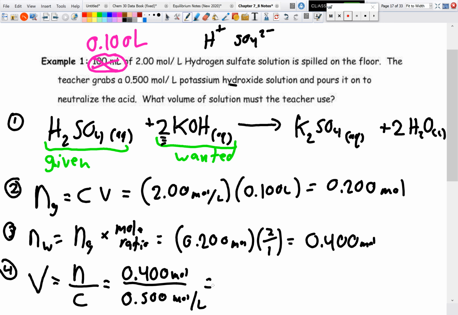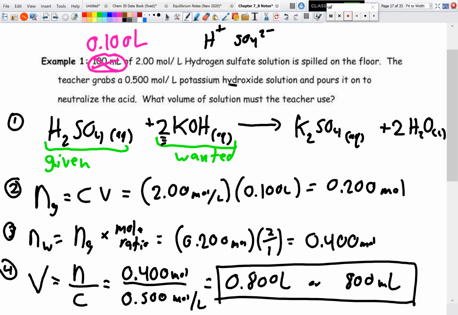And when we do this, we get a value of 0.800 liters or 800 milliliters. Both answers will be acceptable. And that is how we use solution stoichiometry to solve our problems.